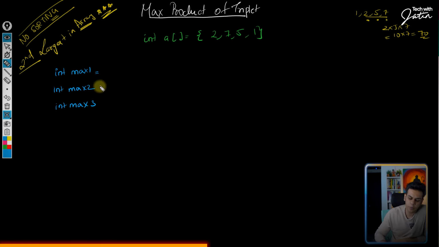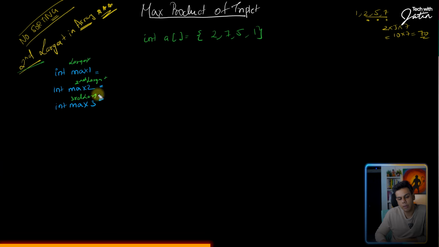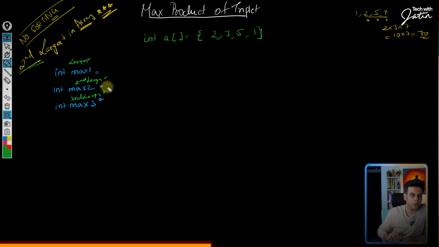The job of these three variables is to store the largest, second largest, and the third largest number in this array. max1 is going to store the largest, max2 is going to store the second largest, and max3 is going to store the third largest number. This is what I want to store in these variables.